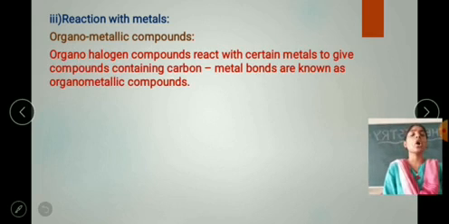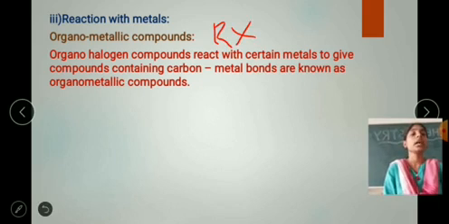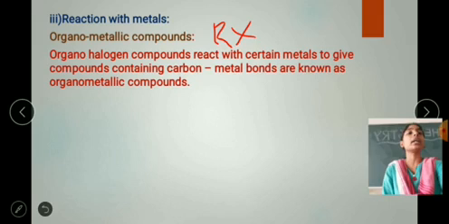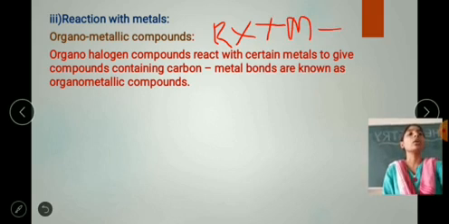Organohalogen compounds, that is RX, will react with certain metals to give compounds containing carbon-metal bonds, that is RMX.